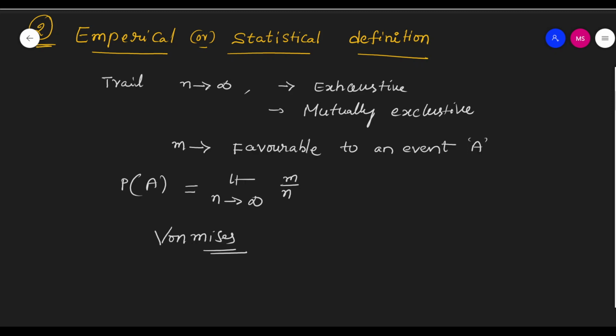If a trial is conducted indefinitely large number of times, that is n tends to infinity, the n events are exhaustive and mutually exclusive, and among them m are favorable to an event A, then the probability of occurrence of event A, that is P of A, is equal to the limit n tends to infinity of m by n. This is the formula for the empirical or statistical definition of probability, developed by von Mises.